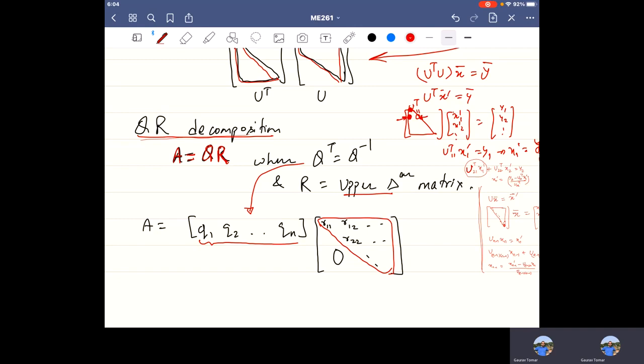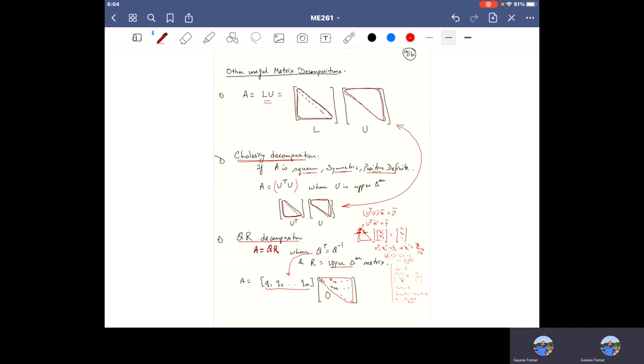Its final utility comes when we talk about finding eigenvalues and eigenvectors of a general, large matrix. In numerical linear algebra, you can use QR decomposition to help you with that in an iterative manner. So I will not go into any more details of these decompositions.